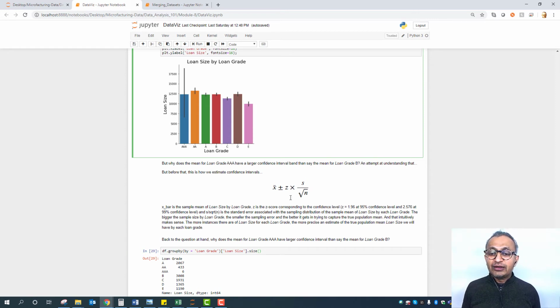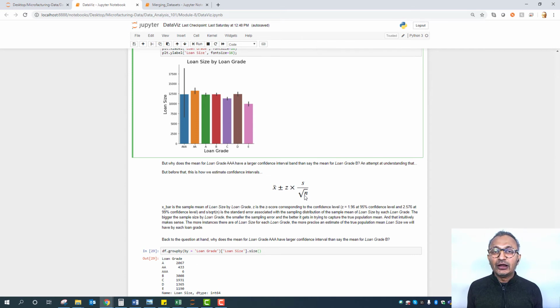S over square root of n is the standard error associated with that sample mean. Quite naturally, the bigger the sample size you collect, you're going to have a much better estimate of the population mean, which is natural, right?